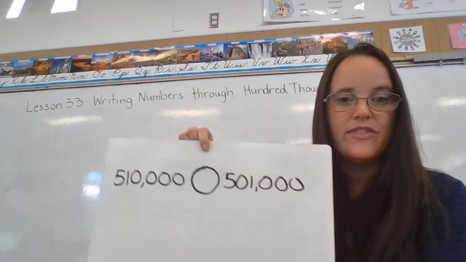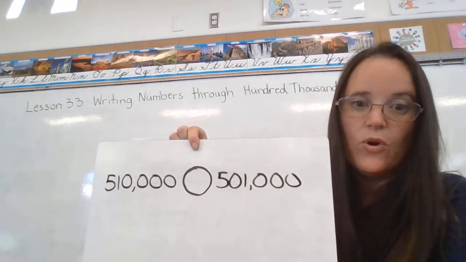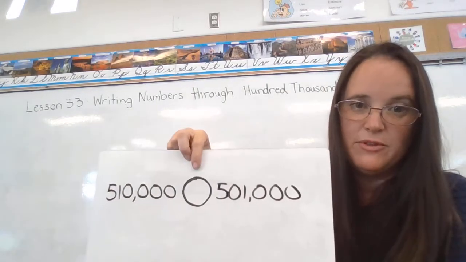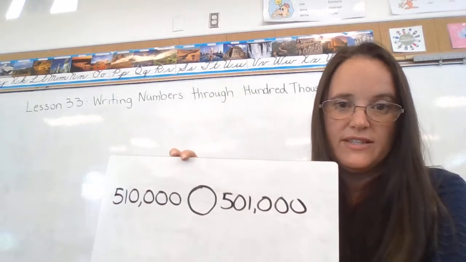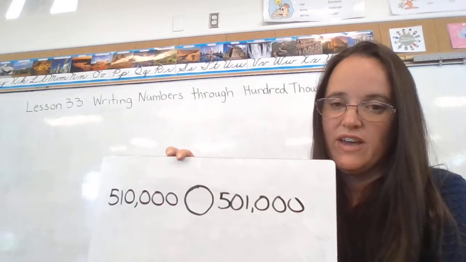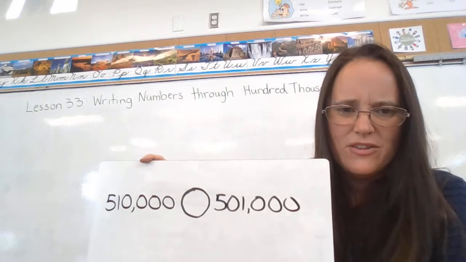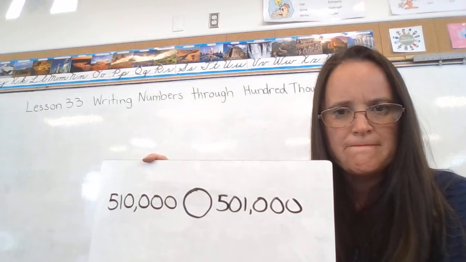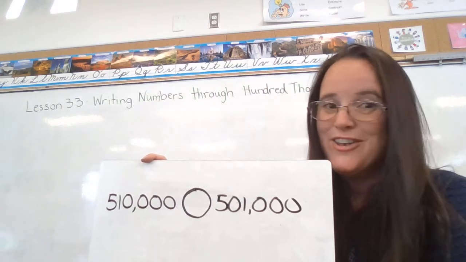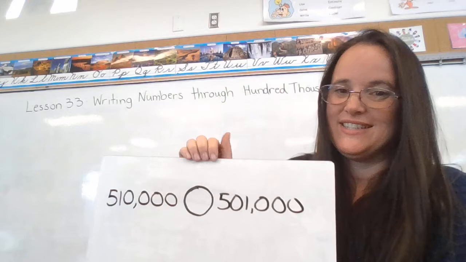We're looking for the greater than, less than, or equal to symbol. Anytime you see a circle like this between two numbers, that's what they want you to find. So, oh my, those numbers look awfully similar. Are they equal? No, they're not. I hope you recognize the difference.